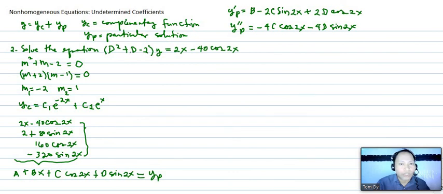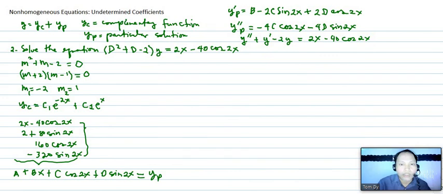So this time we go back to our initial equation. Rewriting it: y double prime, the second derivative, plus y prime, the first derivative, minus 2y equals 2x minus 40 cosine of 2x.